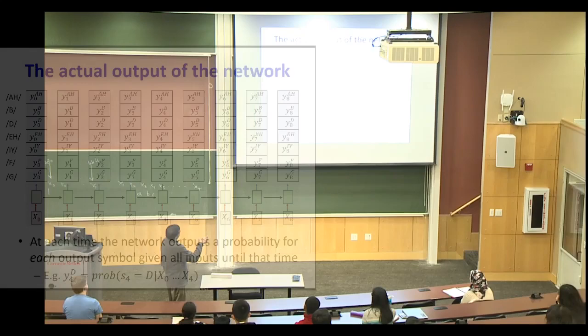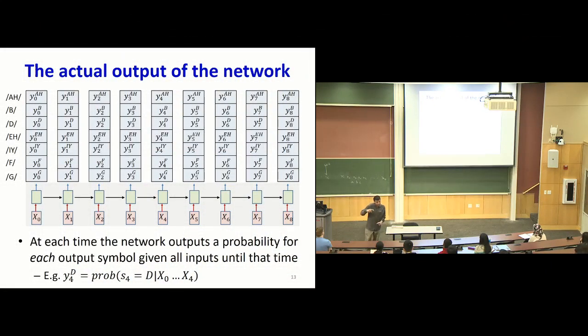Here's what you output. At each time, you're outputting a vector of probabilities over all of the symbols, at any given time. What is this vector?